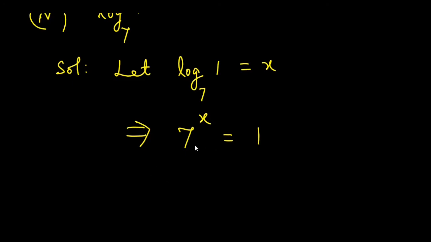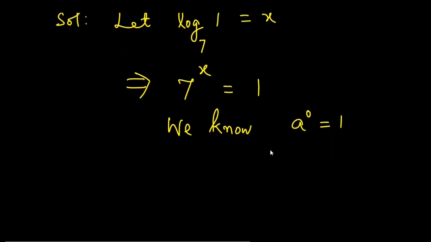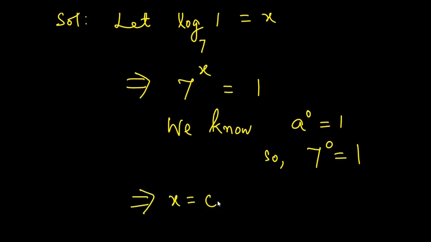To what exponent should 7 be raised to get 1? We know a power 0 is equal to 1. So 7 power 0 is equal to 1. This implies x is equal to 0.